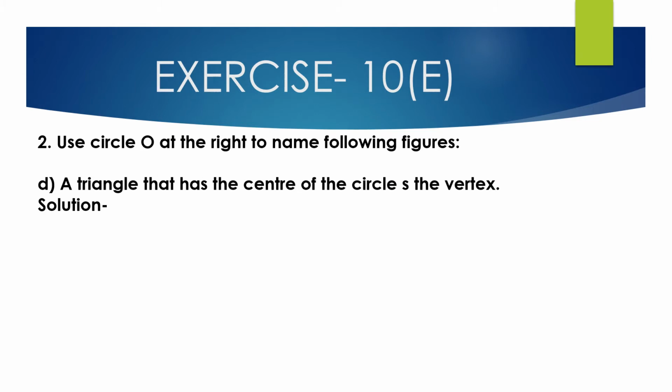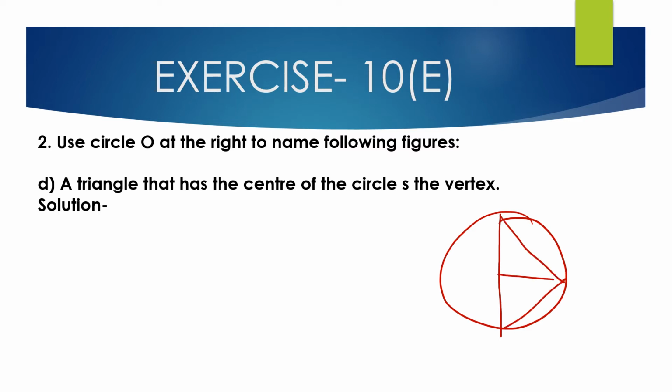Fourth bit: a triangle that has the center of the circle as a vertex. First draw the figure. This is the diameter, chord, and this is the radius. This is the center O, with OA, OB, OC. The triangles are AOC and BOC.